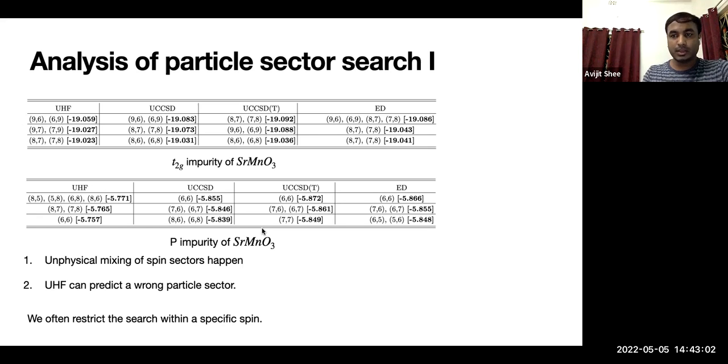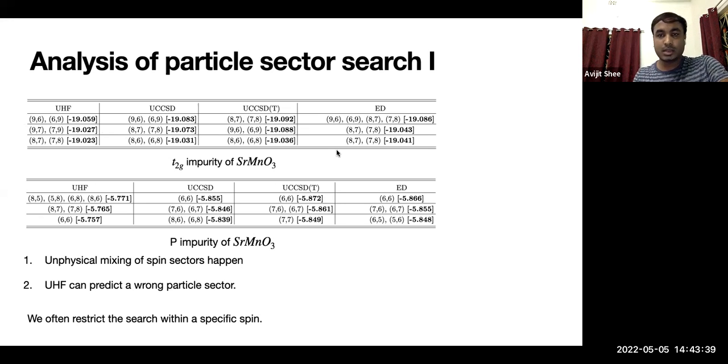One manifestation is in this particle sector search. Here, when we studied strontium manganate with the CCSD solver, with the t2g impurity chosen, what is shown is that the first row is the energy of the lowest energy state, and the second and third are the first and second excited states.